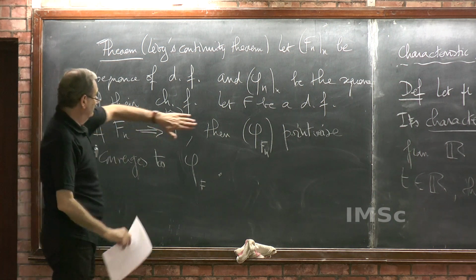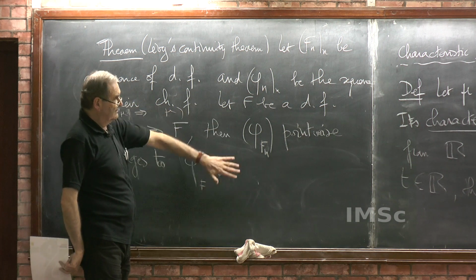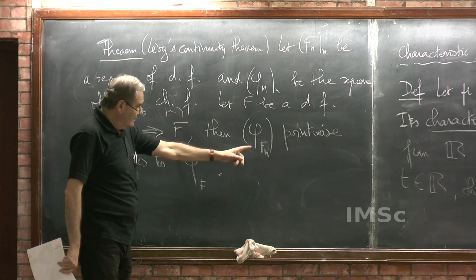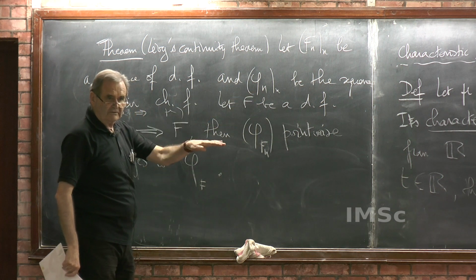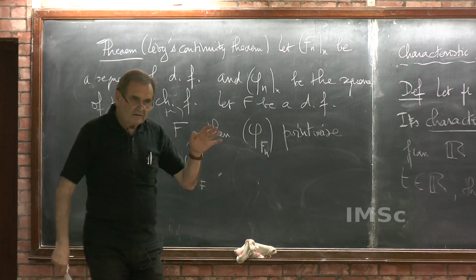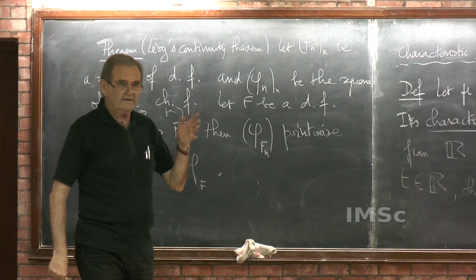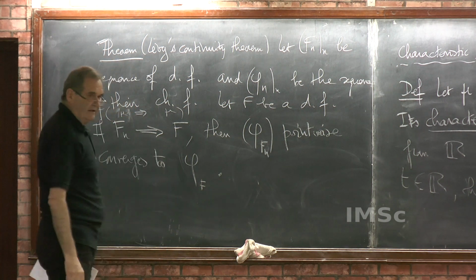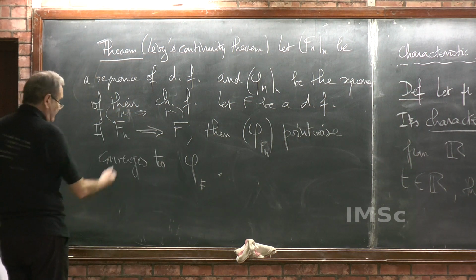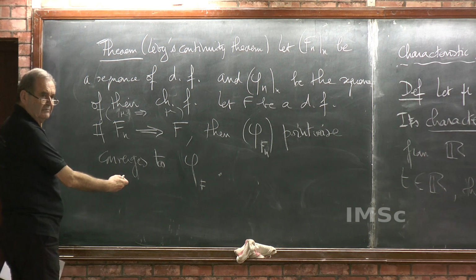Now, what happens, you are up to that level. I don't know anything about the convergence, but I know that the sequence of phi n or phi fn converges to something. It's not exactly enough, but almost, and this is exactly what Levy's theorem will tell you. And this is the hard part. In some way, this is the easy part.